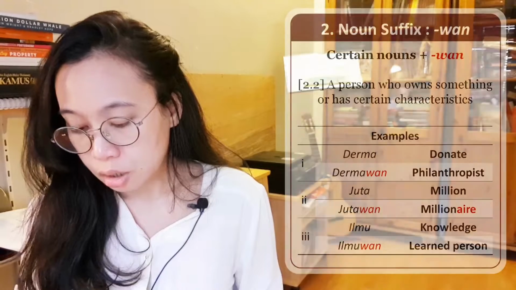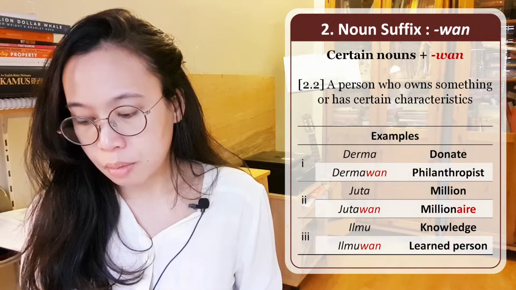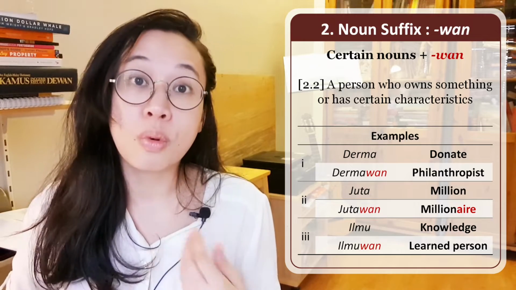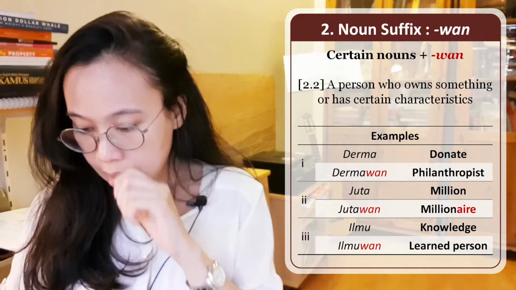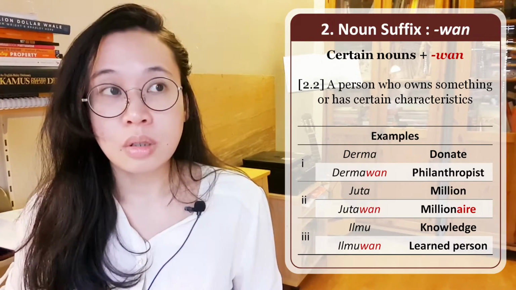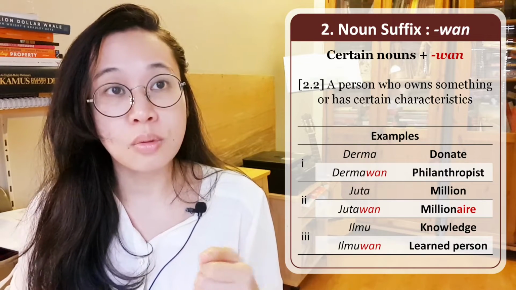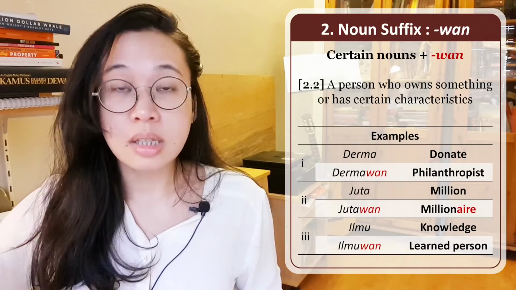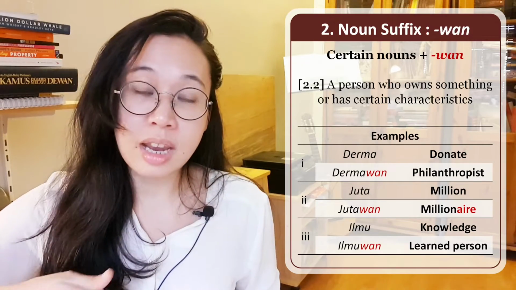The second meaning is it is used to describe a person with a certain characteristic or a person who owns something, like derma. So derma is to donate something, but dermawan is someone who likes to donate, to give.